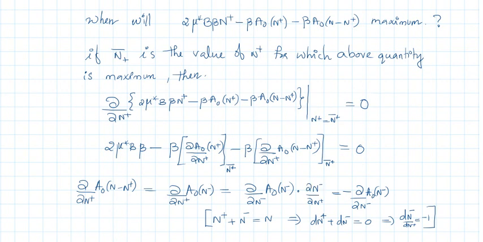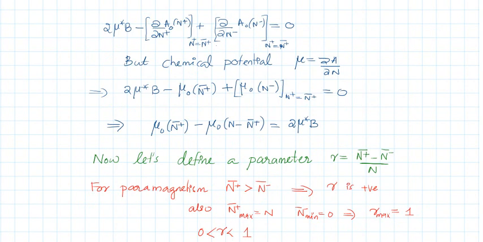That becomes minus dou a0 of n minus by dou n minus. So replace this with this term. You will get 2 mu star b minus dou by dou n plus of a0 of n plus plus dou by dou n minus of a0 of n minus. These two derivatives should be evaluated at n plus equal to n plus bar, and that is equal to 0.